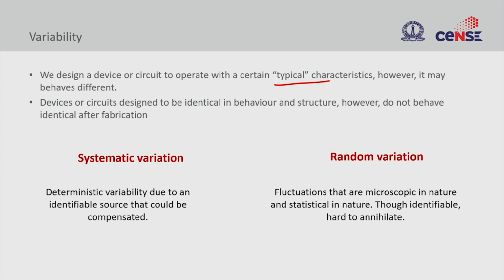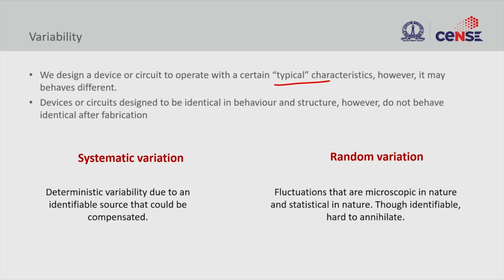And similarly, you might have multiple devices, multiple circuits that should have identical behavior, and you designed them identical, let's say, in your layout. You can do copy pasting. Let's say I have just copy pasted one block to the other die. But then when you get these devices after fabrication, you find out that they are not identical after fabrication. So this is all coming from variability during the manufacturing process.